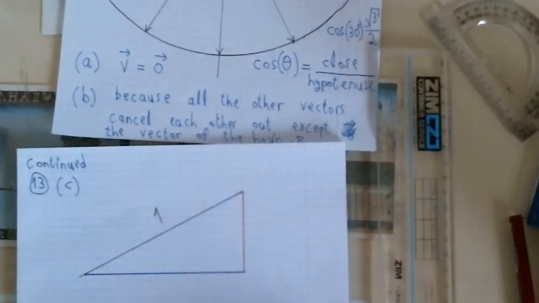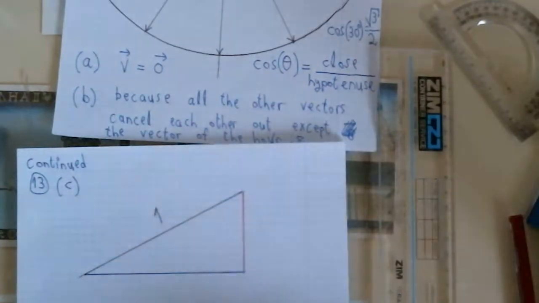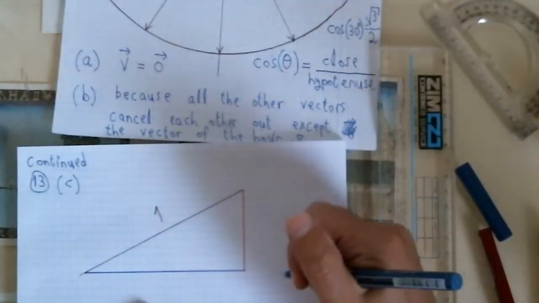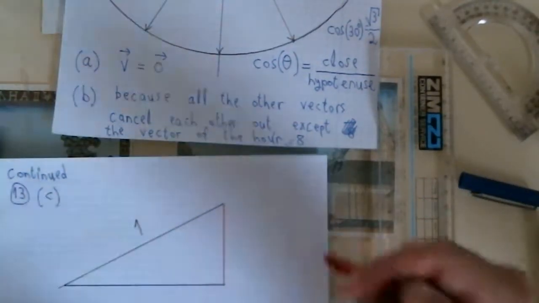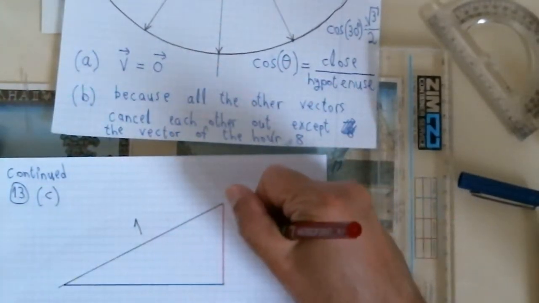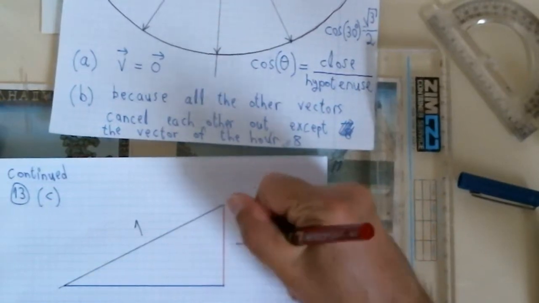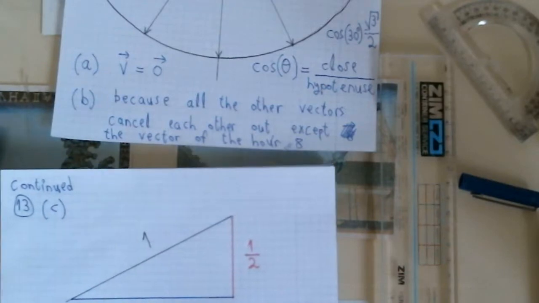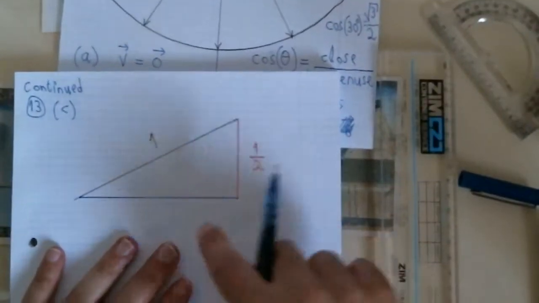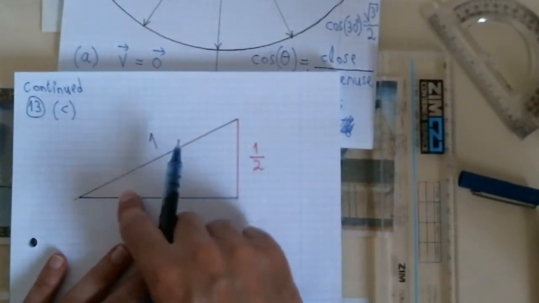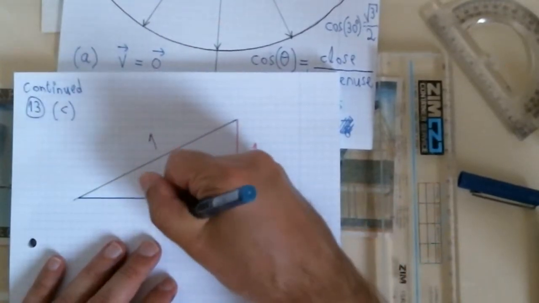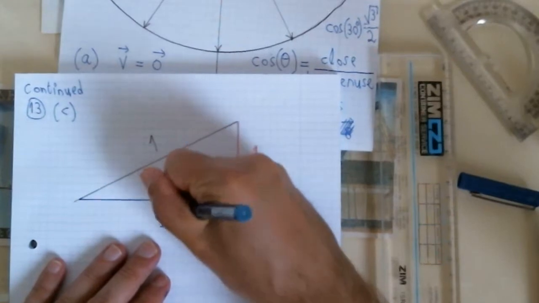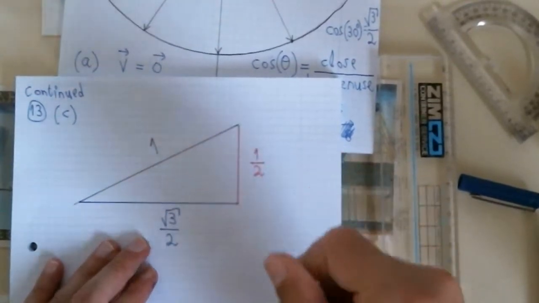And we said already that this side, the opposite side, the far away side, was 1/2. And the side that is close to the angle, here is the angle, was the root of 3 divided by 2.